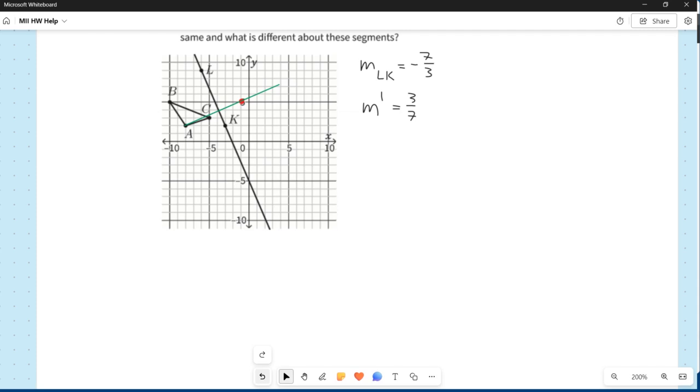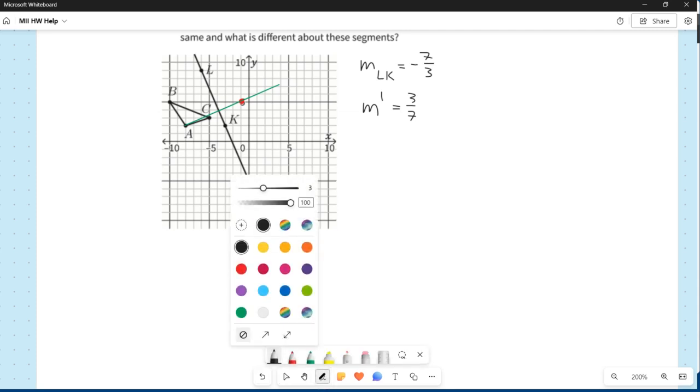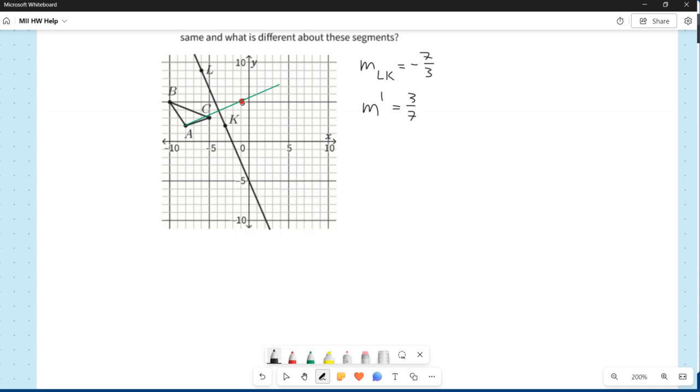So our point is somewhere on that green line. And in order to figure out where it goes, we need to recognize that this point A prime, somewhere on the green line, is going to be an equal distance away from line LK as our original point A was from LK.